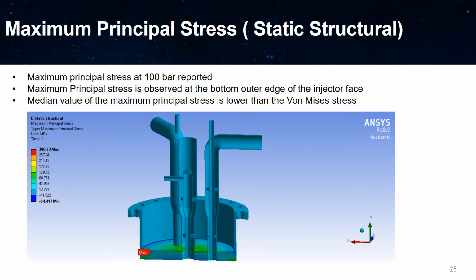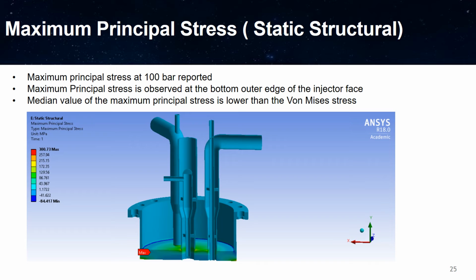Now, this is a plot for maximum principal stress at 100 bar. We wanted to look at maximum principal stress at 100 bar to see if it is higher, and we saw that it's higher, at about 300 megapascal. When we look into it, we can see that it is occurring at the outer edge of the bottom injector face.